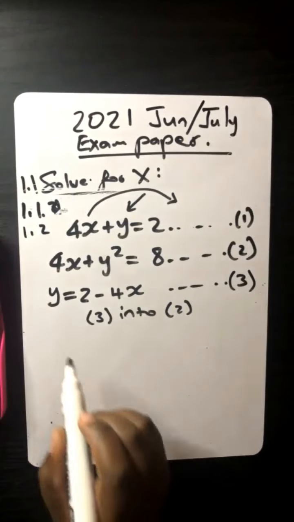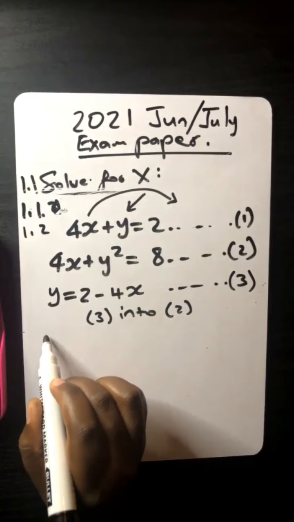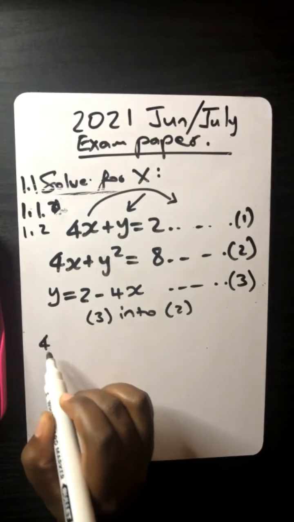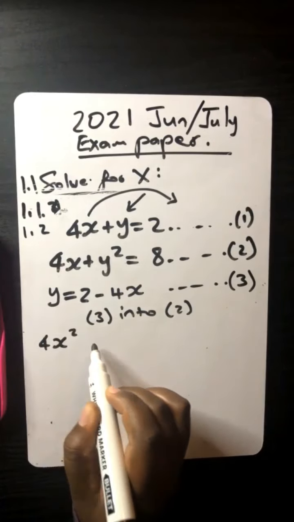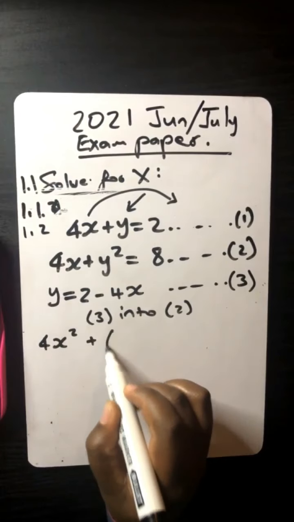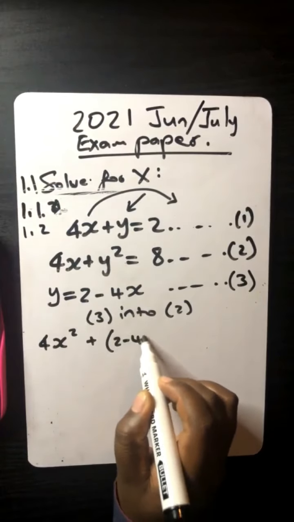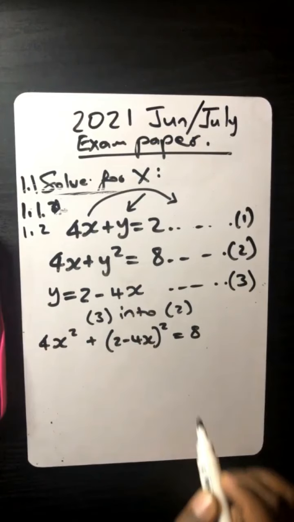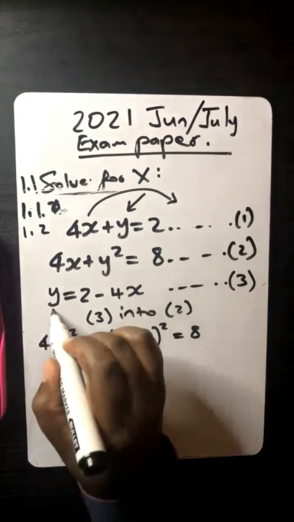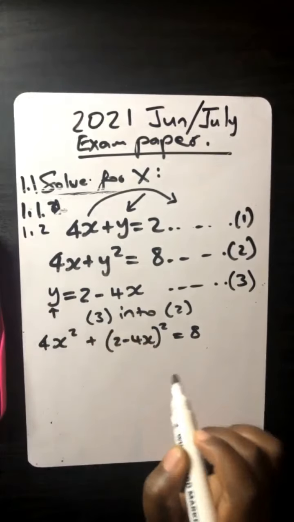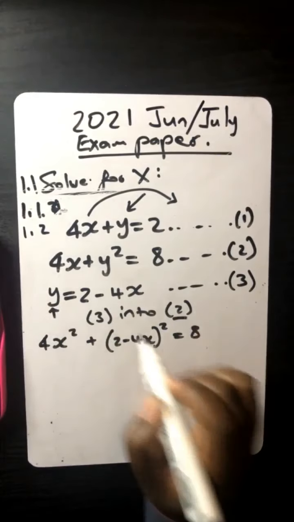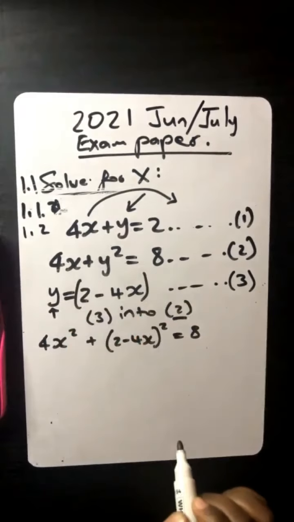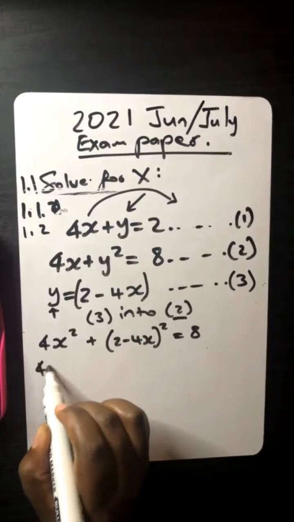Let's just take it halfway. So that means you're going to have 4x squared plus, into 2 minus 4x squared, equals 8. Wherever you see y in equation number 2, you substitute your y value, which is all of that. So you are going to have x squared.